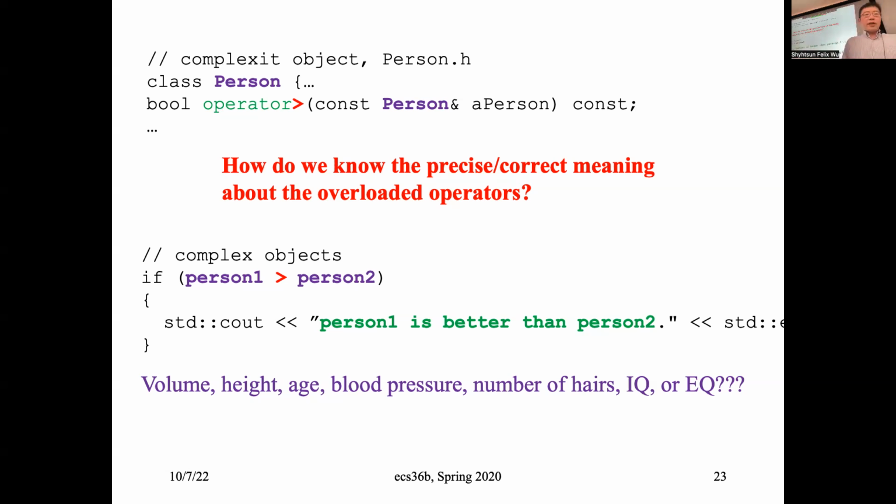So let me first show you this example, this overloading of greater than. The semantic meaning when I have operator overloading on comparing two persons immediately leads to an uncertain, even risky, situation: when you want to use this piece of code, you don't really know what's being compared.